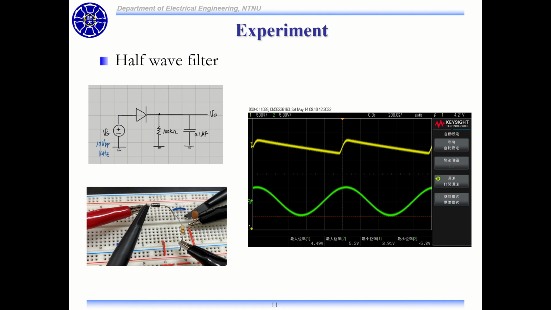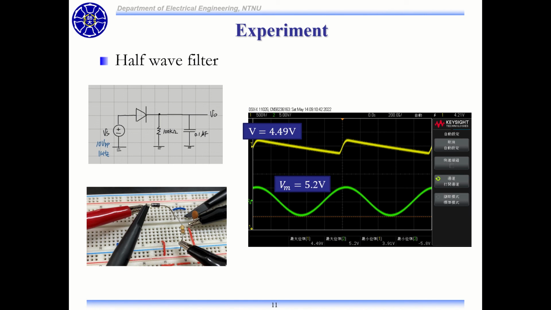And we do the second experiment, the half wave filter. The upper left is our circuit diagram and the lower left is our actual circuit diagram. And the right is our results.